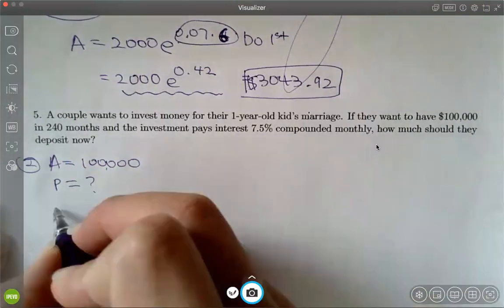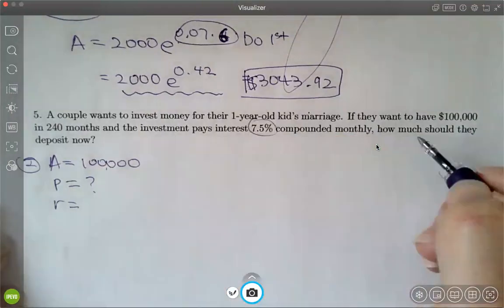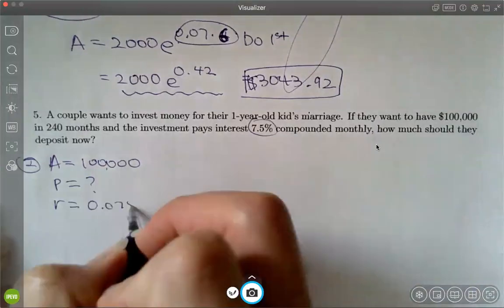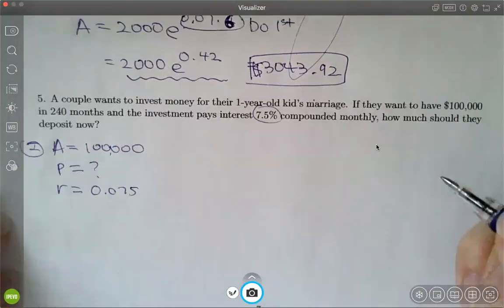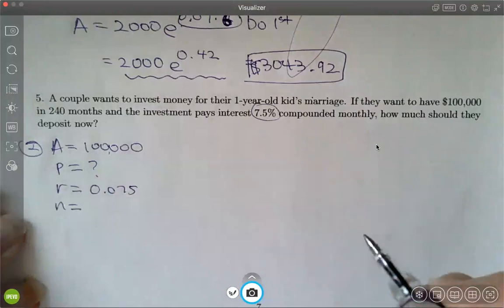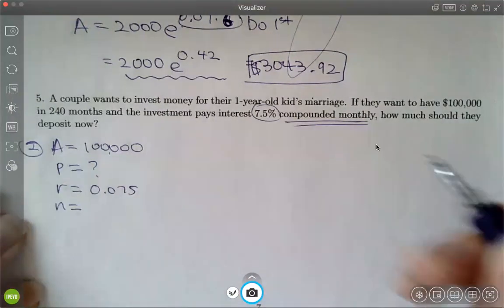And now what's the value of R? 7.5%. But remember, you have to use its decimal form. So that's 0.075, right? Okay. And then what do you have? N. So what's the value of N? It says compounded monthly. So that means N is equal to 12, right?